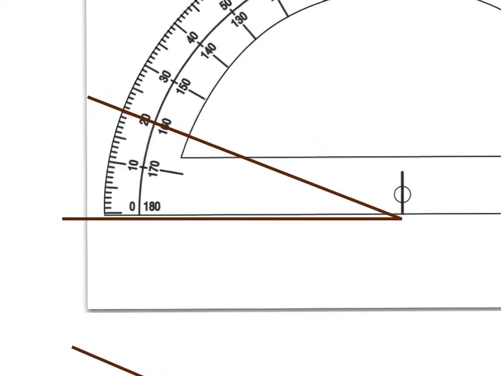I didn't label it, so let's go ahead and label it now. There's the vertex down here. We'll do that letter D. Down here is going to be letter C. Up here is going to be letter E, in capitals.